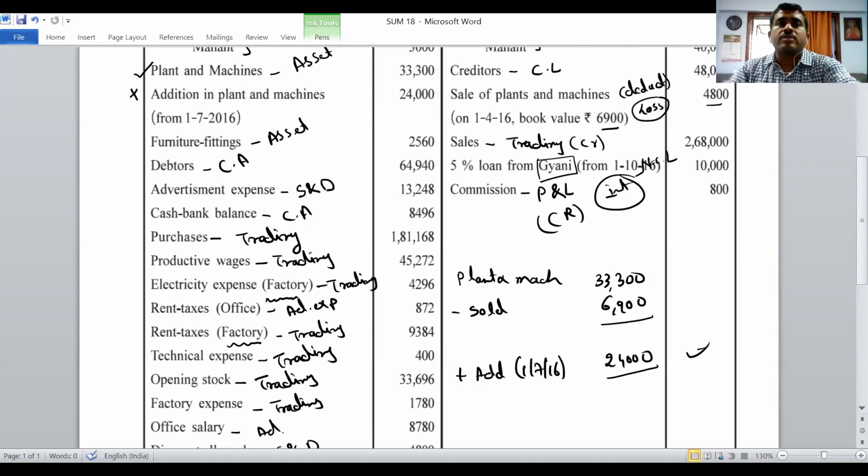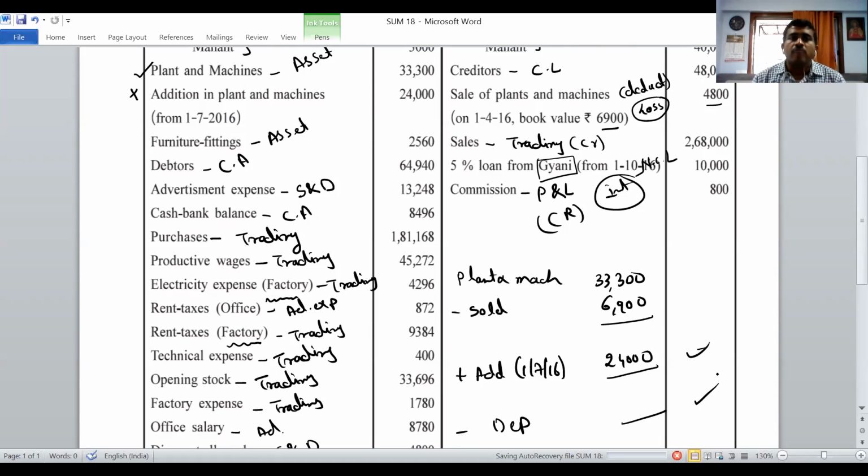Okay, so we are on the topic plant and machinery: 33,300, sold 6,900, addition 24,000. And then one tick is there, so minus depreciation will come. When it comes, that time we can decide.